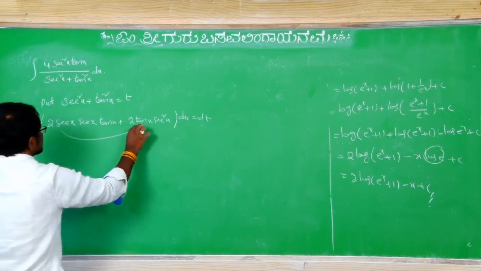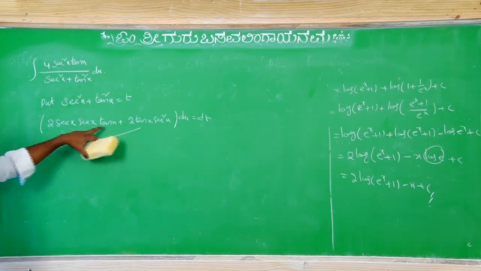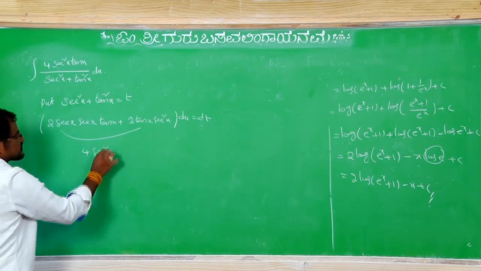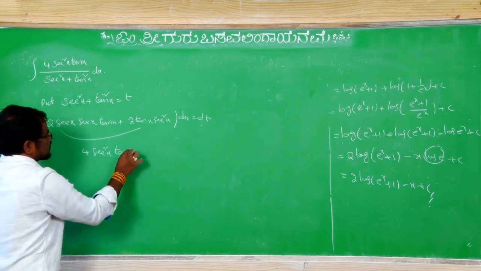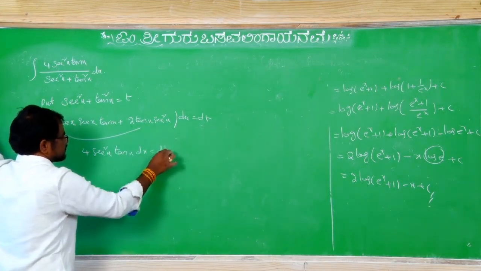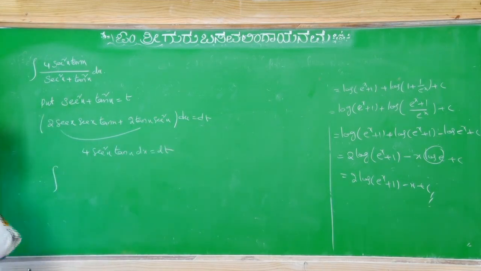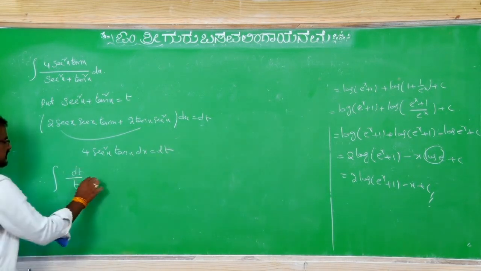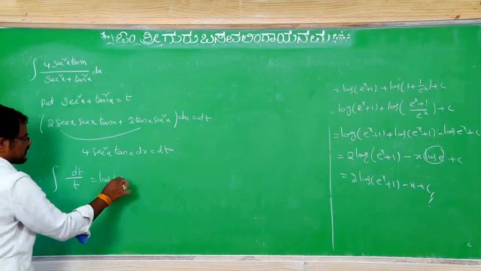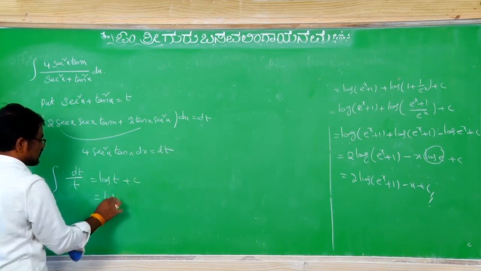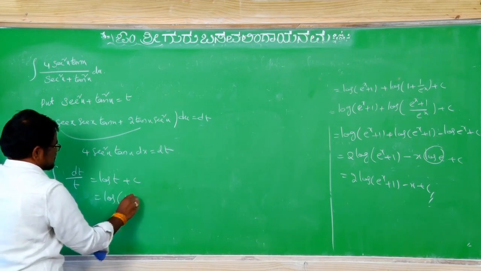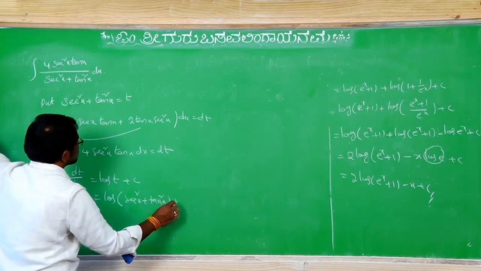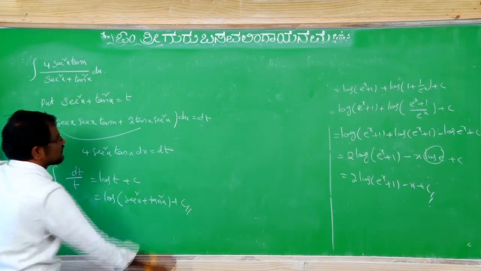Now if you simplify this one, 2 secant square x tan x plus 2 secant square x tan x is nothing but 4 secant square x tan x, directly the numerator is equal to dt. So therefore the given integral becomes dt by t, that is equal to log mod t plus c, that is equal to log of secant square x plus tan square x plus c. This is our final answer.